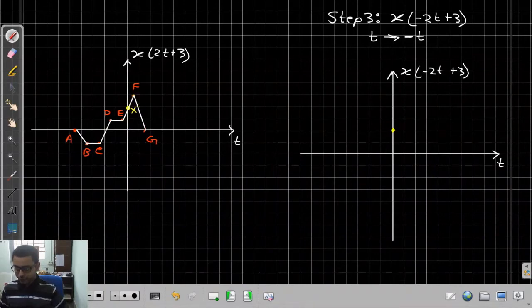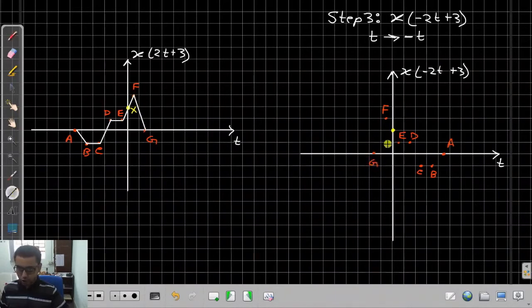Point F will come on the left side. Point E will go to the right side. Sorry, it is here. Point D here. Point C here. B here and A here. Point G on the left side.